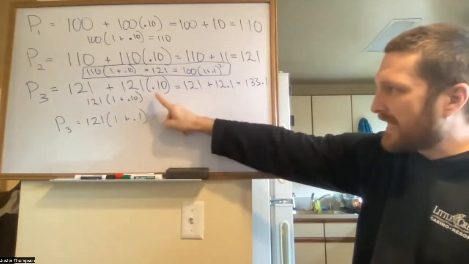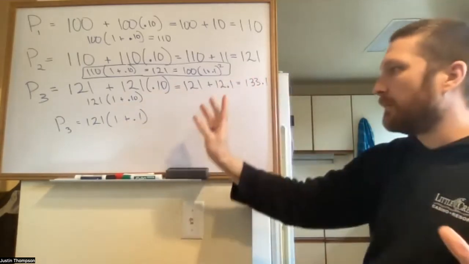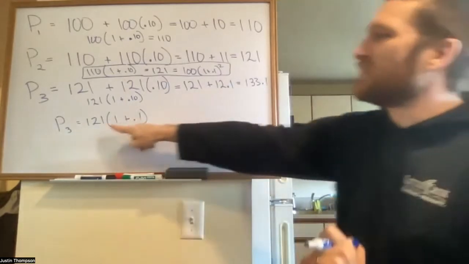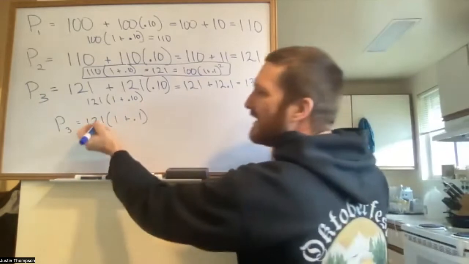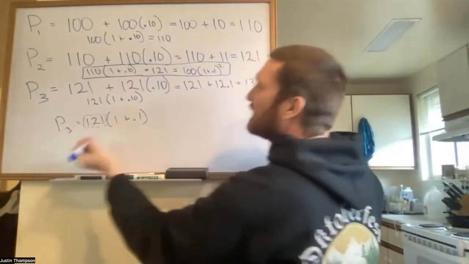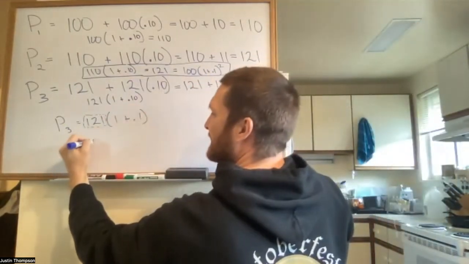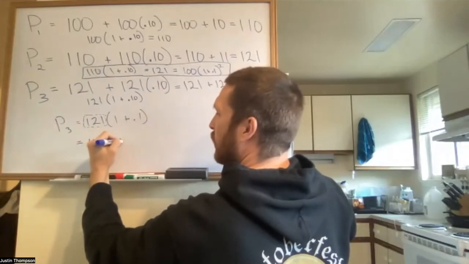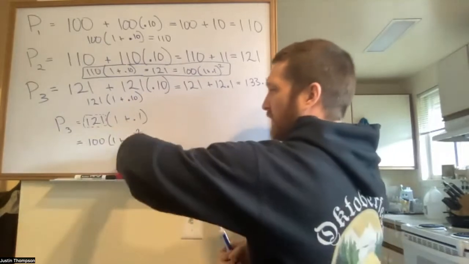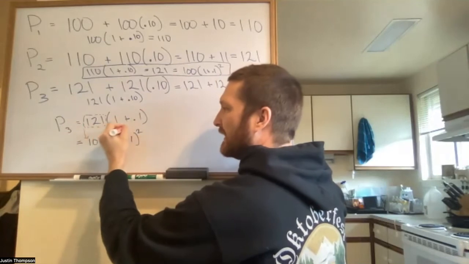That works out to be 133.1, and so on. But there's an even easier way of thinking about it. The way that we got this 121 right here was by saying 121 is the same thing as 100 times 1 plus 0.1 squared. And that's what I've done. I've just expanded this 121 to show how I got it.